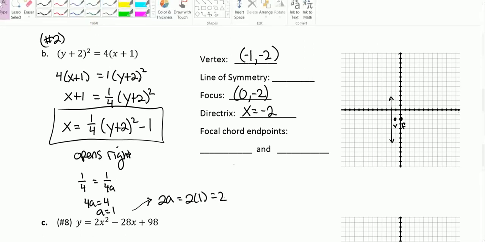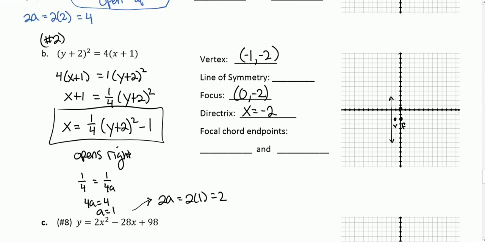So 2 above the focus and 2 below the focus, and our parabola goes through the vertex and those focal chord endpoints located at (0, 0) and (0, 4).